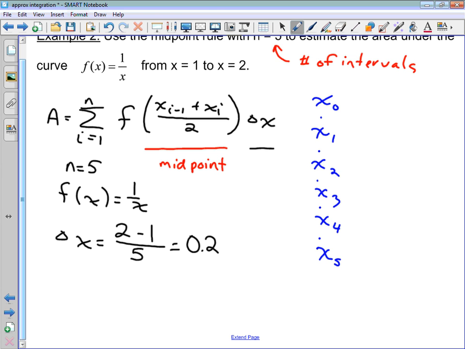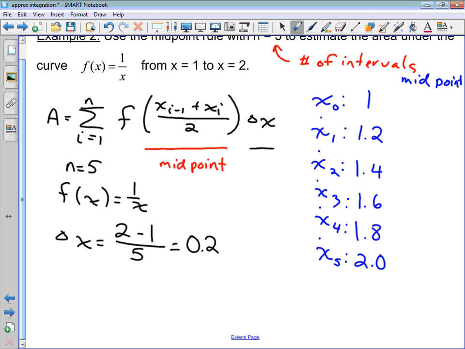We know the values of each of these points here: 1, 1.2, 1.4, 1.6, 1.8, and then 2.0, because we're going from 1 to 2. Once I've got that, it's pretty easy to figure out what my midpoints are.